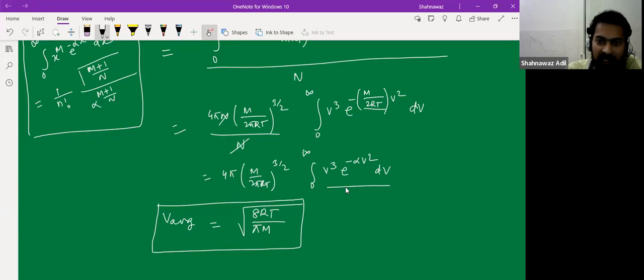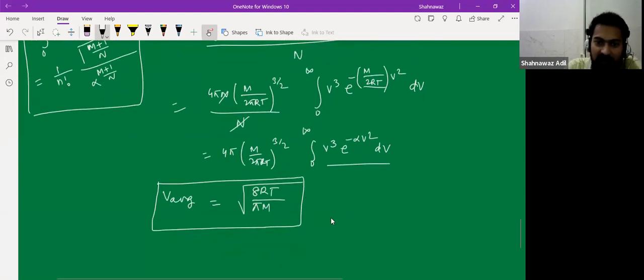Because the integral is not important. The final result is important from the point of view of the NEET exam, right? So V average will come out to be 8 kT by pi m.